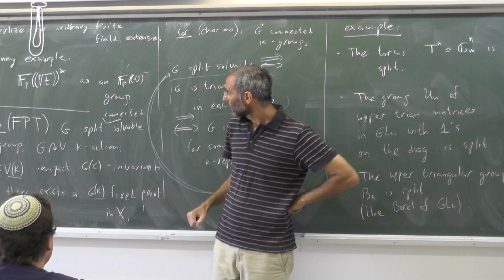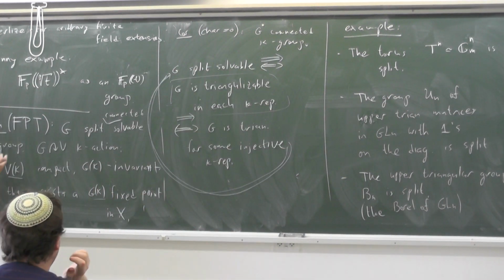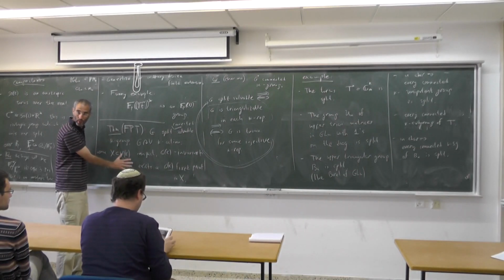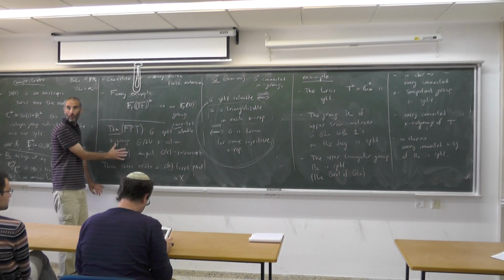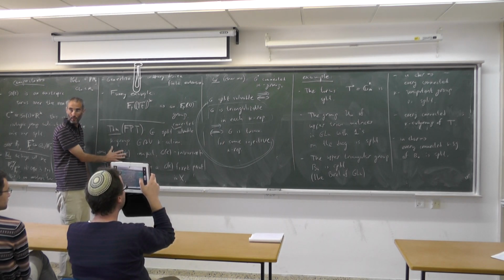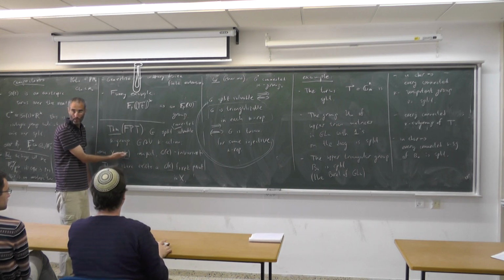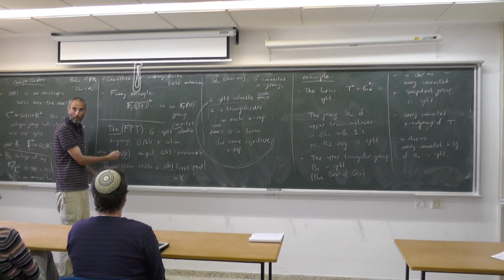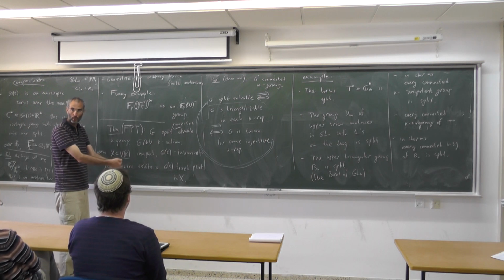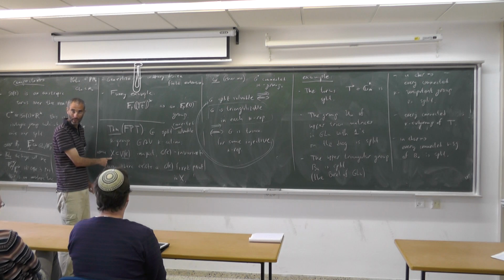What I want to notice is that the splitness comes about by reducing this theorem to the one-dimensional groups G_a and G_m. If I know how to prove it for G being G_a or G_m, then it is easy to deduce in general. Because I'm taking the first group in the decomposition series of G, the first subgroup; it acts on X, it has a fixed point, assuming I did that case.